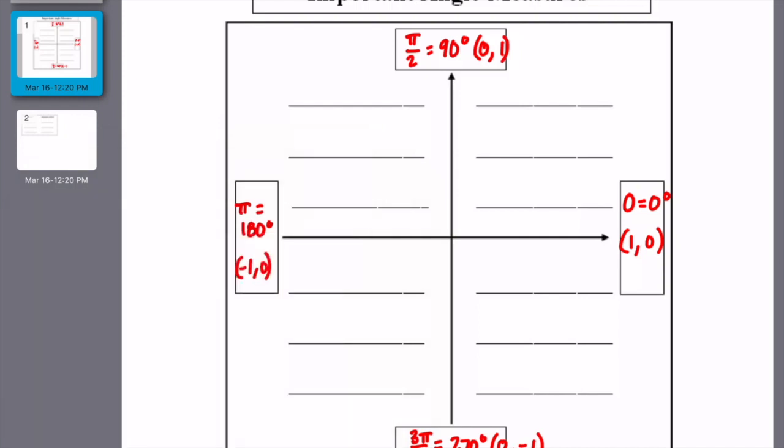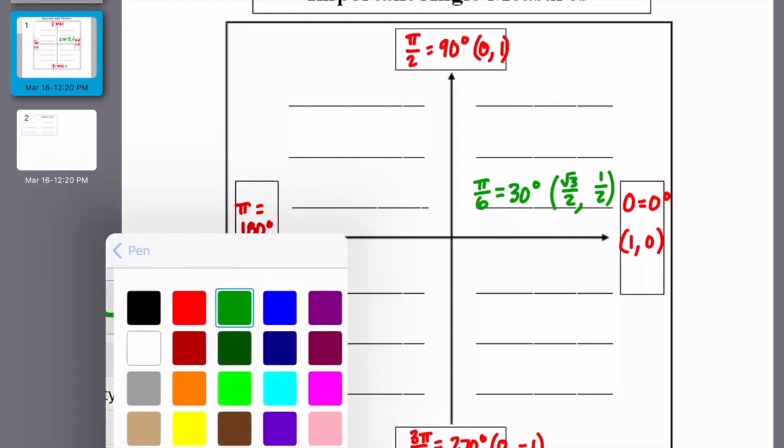In each quadrant we have 3 main points of interest, those nice points that we derived at the beginning of Chapter 5. The first point is pi over 6, and if you recall, that is the same as 30 degrees. In the first quadrant, all points are positive, and this is the point (√3 over 2, 1/2).